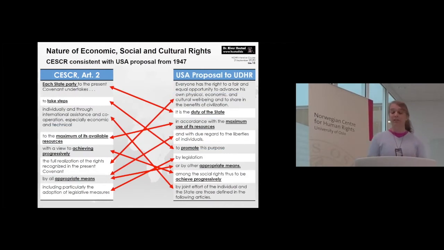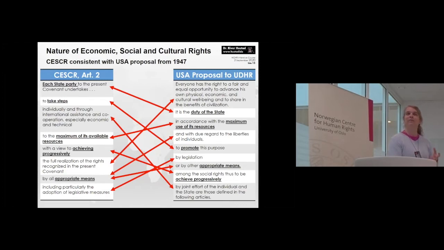And also, I just want to emphasize one more time that the US in 1947 had made a proposal for the UDHR in which they were actually proposing a binding treaty at that time. And the terms from the US proposal from 1947 are actually the ones that have been incorporated into the covenant. So we see maximum available resources, taking steps, appropriate means, progressive achievement, they're all there.